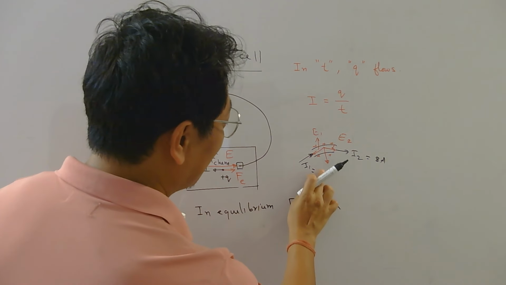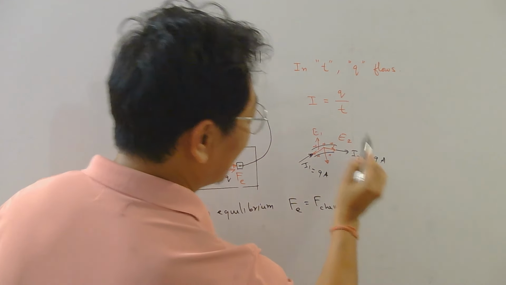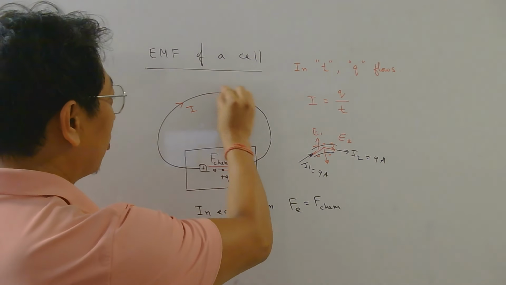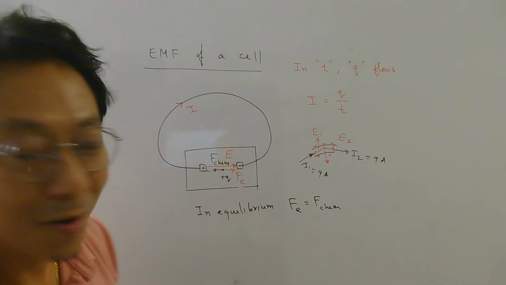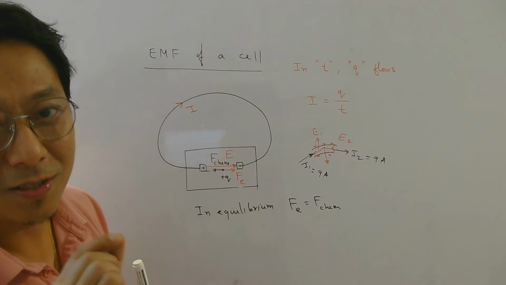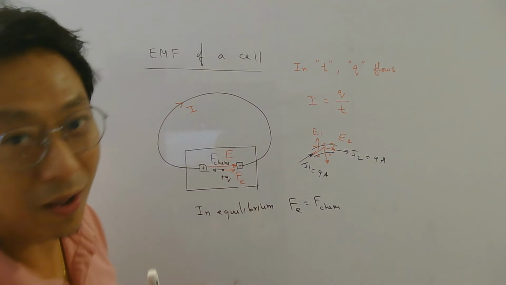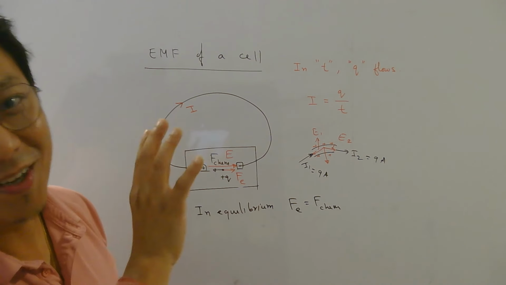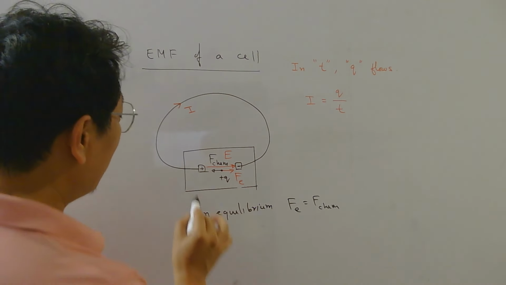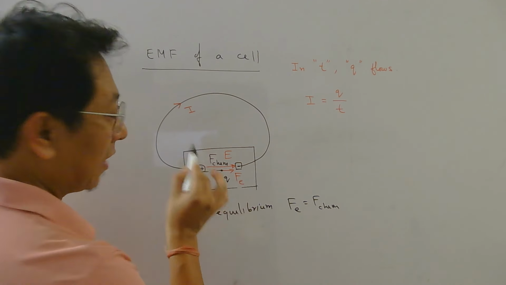So maybe after a while both becomes 9 amperes. So this is how surface charges are developed on this wire when you connect the wire to a cell, and those surface charges will create an internal electrostatic field inside the wire, which will make sure that current everywhere is same. Beautiful, right?